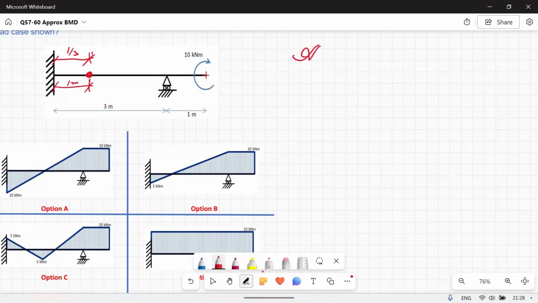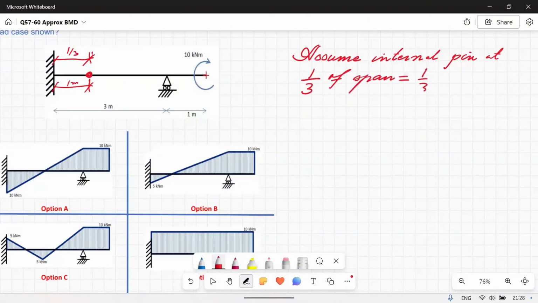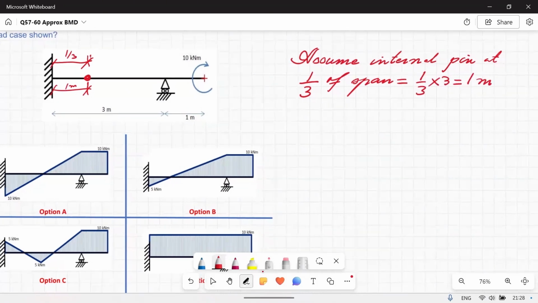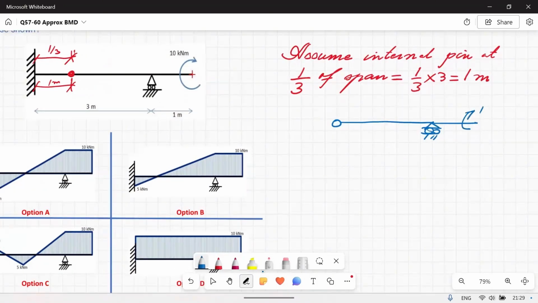So I will say assume an internal pin at 1/3 of the span. 1/3 of 3 is equal to 1 meter, and then I will isolate this portion. The point moment of 10 kilonewton meter is applied. This is 1 meter, and from the pin to here it will be 2 meters, and the reaction is here. I call it VB and call this one VC.